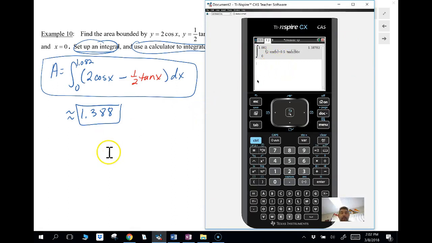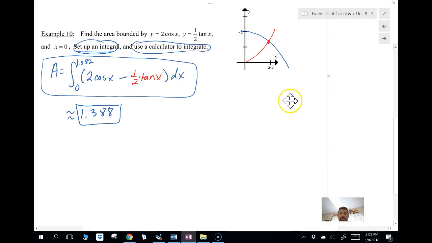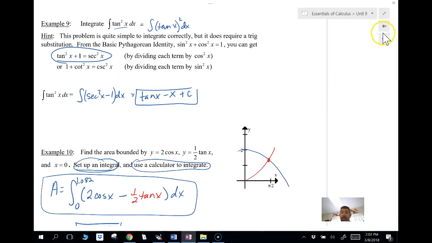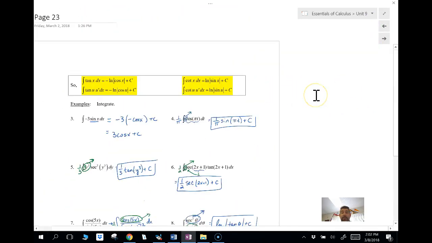All right. So that's how we find the area bounded by two curves in terms of trig functions. So there you go, guys. We did some trig integration. Just remember that you're going to be using these integral formulas that I went over here for all kinds of different integration types, right?